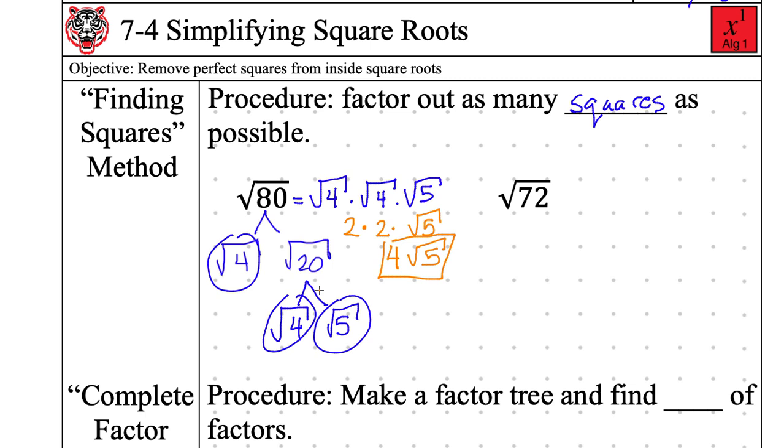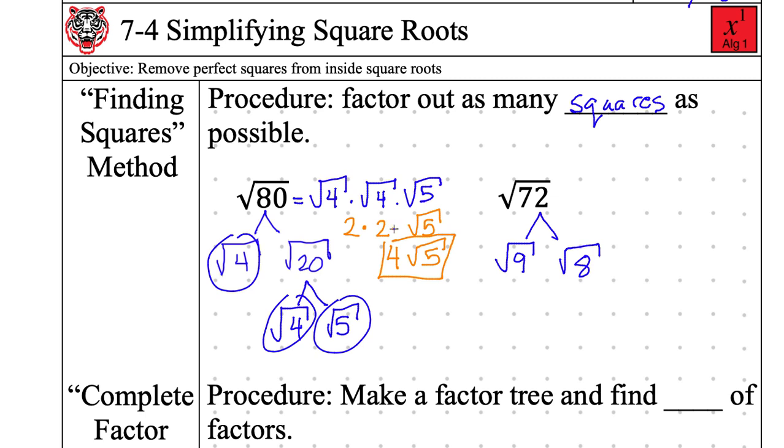And typically speaking, I'm not going to give you anything too big. I very, very rarely will give you something that has 49 in it. Everything's going to be less than 49. Yeah, Jade. 9? 9. Yeah, so 9 and what? 9 and 8. And the square root of 8. Perfect. Square root of 9 and the square root of 8.